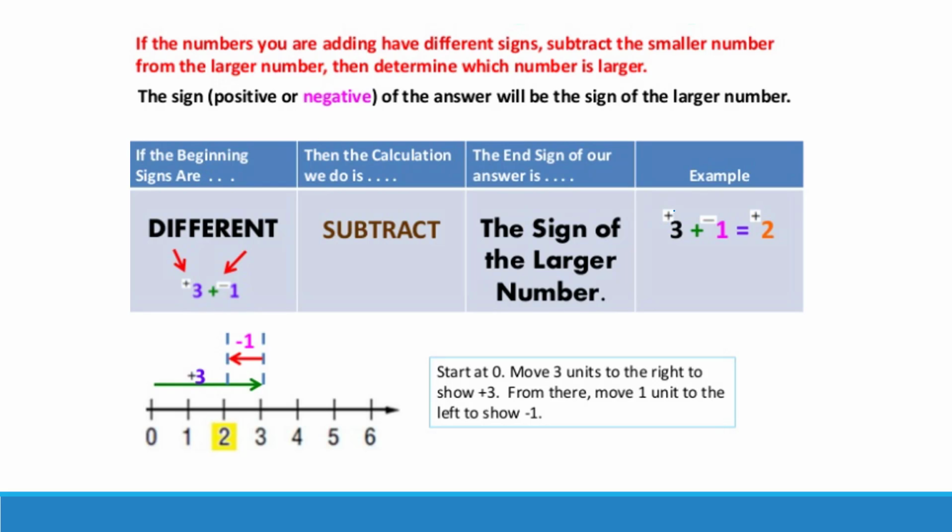Well, notice you have more positives than you do negative. So we subtract these and we say 2, but my answer is going to be positive 2, because again, I have more positives than I do negative. You can also use your number line, which is depicted here. Imagine positive is going to the right 3, but then negative means you're going down 1. For my people that like football, you can kind of think about it that way.